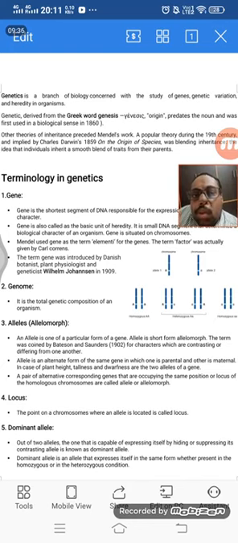Even though Mendel was a biologist, he was not 100% a biologist. He was a good mathematician. In his predictions he used the basic concepts of mathematics, especially statistics.